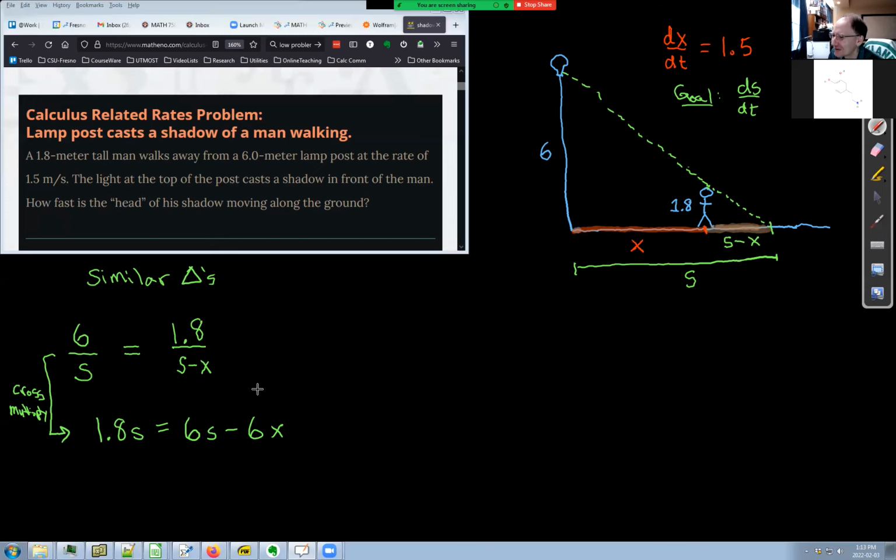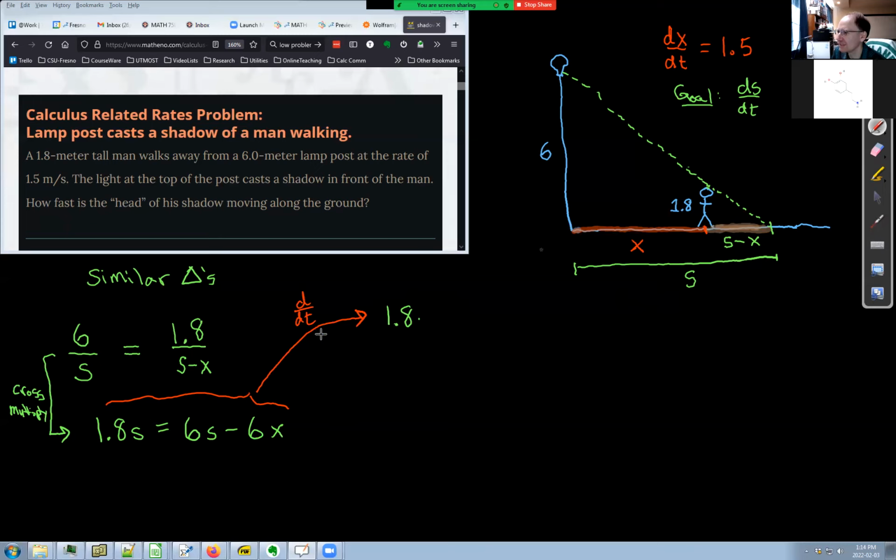All right, now we're going to hit this with a derivative with respect to t. And when I say hit it, I mean the entire thing. The derivative of 1.8s: 1.8 is a constant, so it stays there. The derivative of s is just 1, but not so fast.